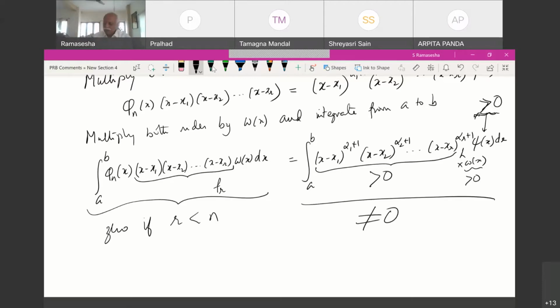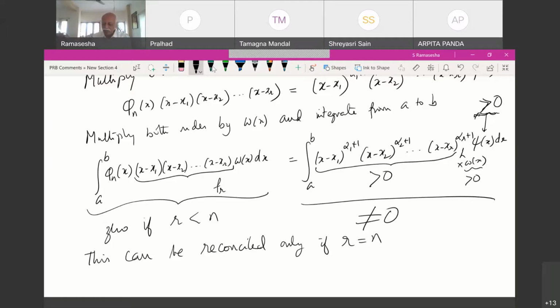Right? So how can you reconcile this? This can be reconciled if r is equal to n, then the left hand side becomes a polynomial of degree n. So P n x is not orthogonal to that, and the right hand side will be non-zero. So that's perfectly fine.